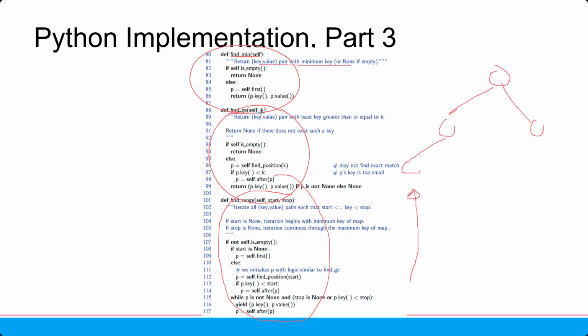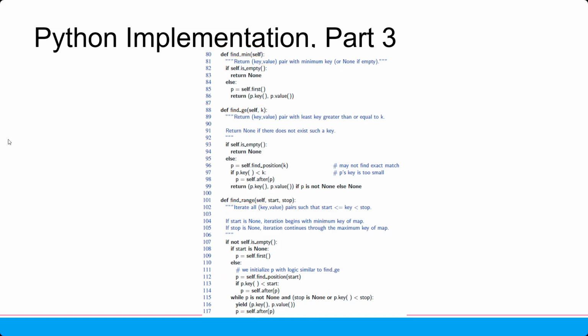Find the greater than or equal to, okay, it is just a searching. And then find the range between a starting point until the stopping point. So first you find the start, and then next you find the stop.